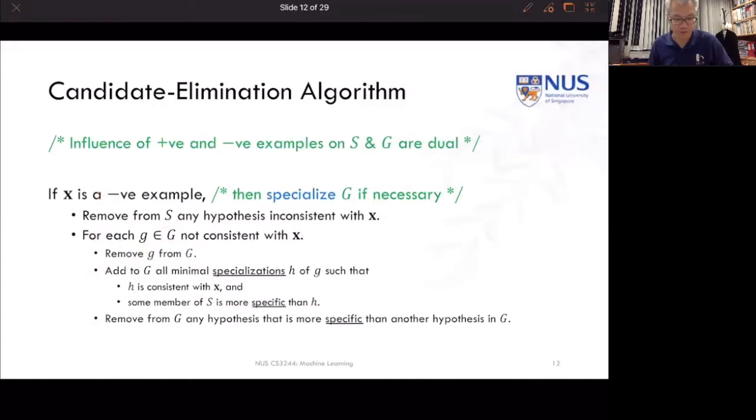You have to do it in such a way that H is still consistent with X and that some member of S is more specific than H. And then we again do the post-processing step where we make sure the G boundary is crisp, that we remove any hypotheses that are more specific than another hypothesis in G.